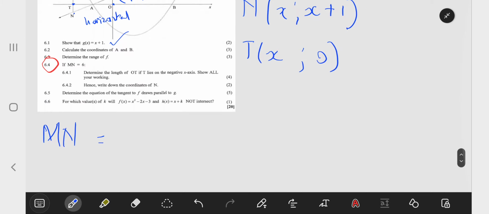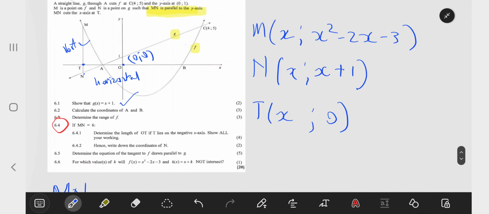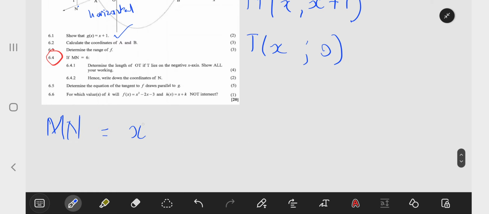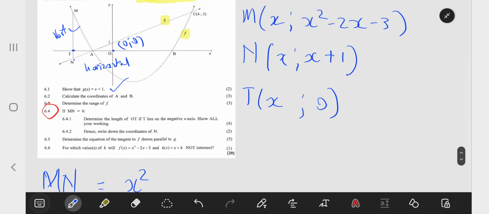So for vertical distance it is minus the y's. So it will be the y at the top, minus the bottom, right? The y at the top is that of M. The y of M will be x squared minus 2x minus 3, minus the y at the bottom, the y of N, which is x plus 1.